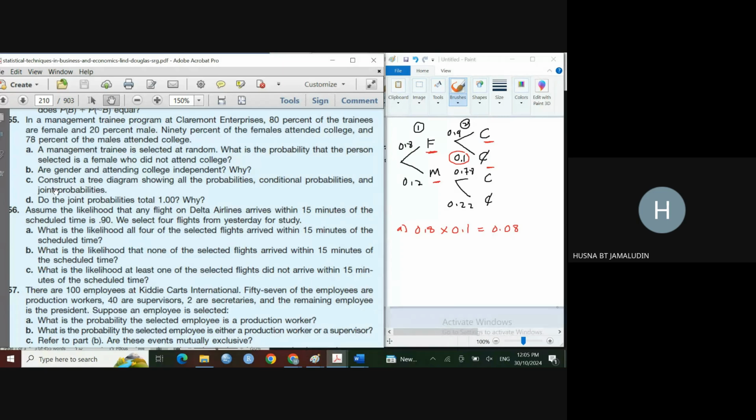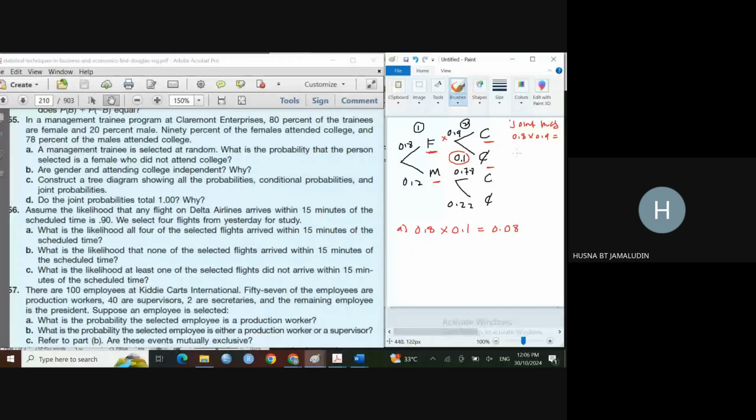Okay? So, next question. Construct a tree diagram, which you have done. But when the question asks you to construct the diagram, at the moment, you can see that I didn't construct it properly. So if you want to construct it, you can put here the joint probability, and then you compute it. 0.8 multiplied with 0.9, so you will get the answer here.